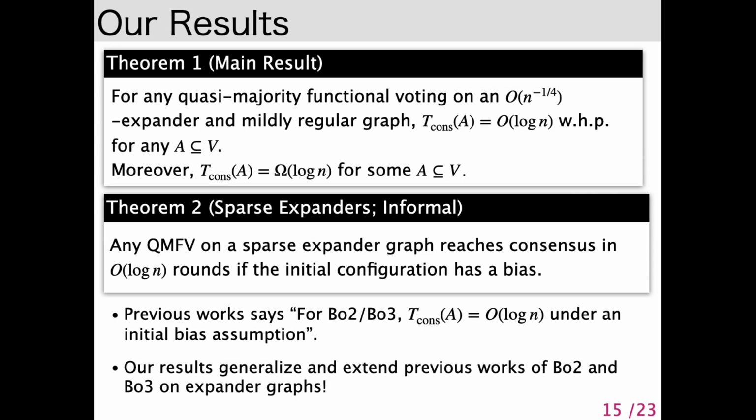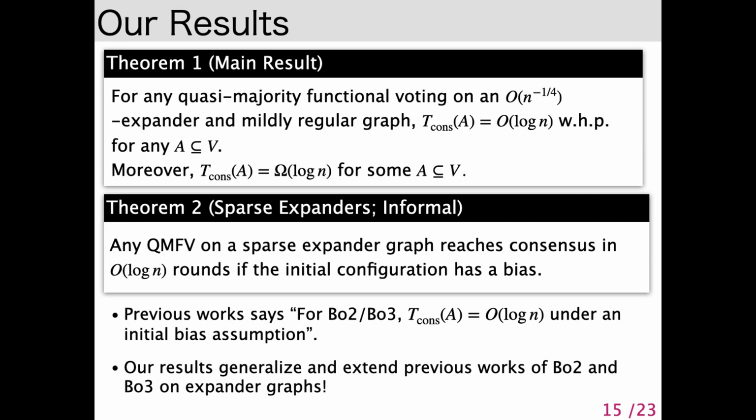This main result is the worst case consensus time of the quasi-majority functional voting on expander graphs. In the second result, we obtain similar bounds of consensus time on sparse expander graphs. But here, we put an initial bias assumption.